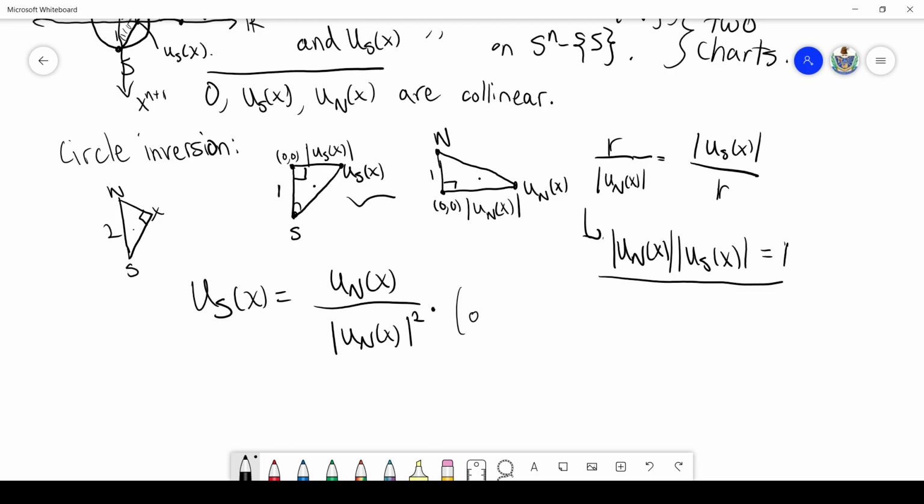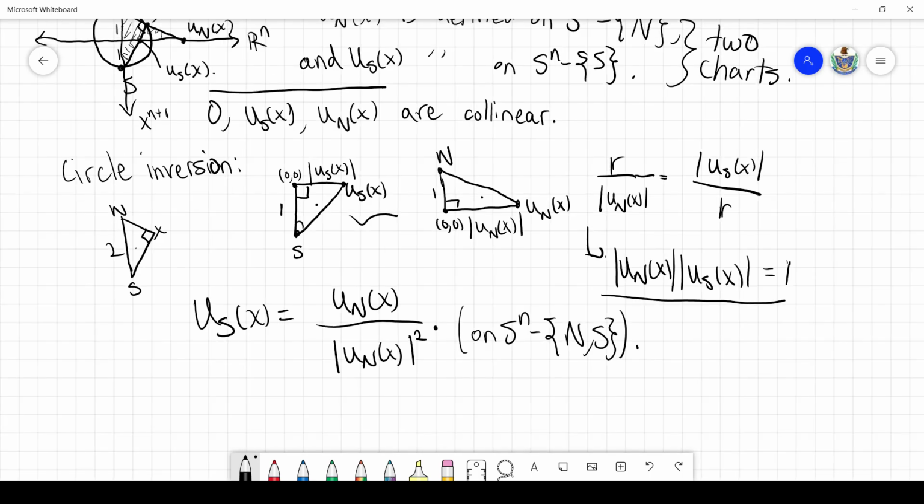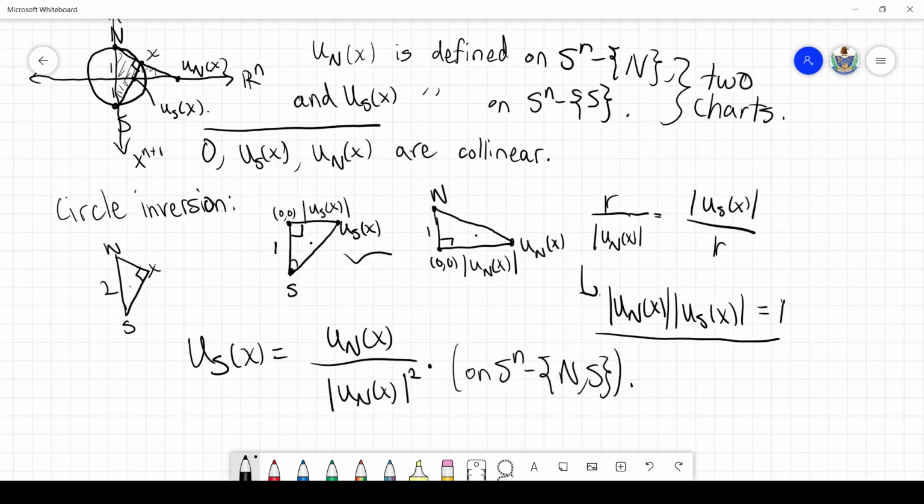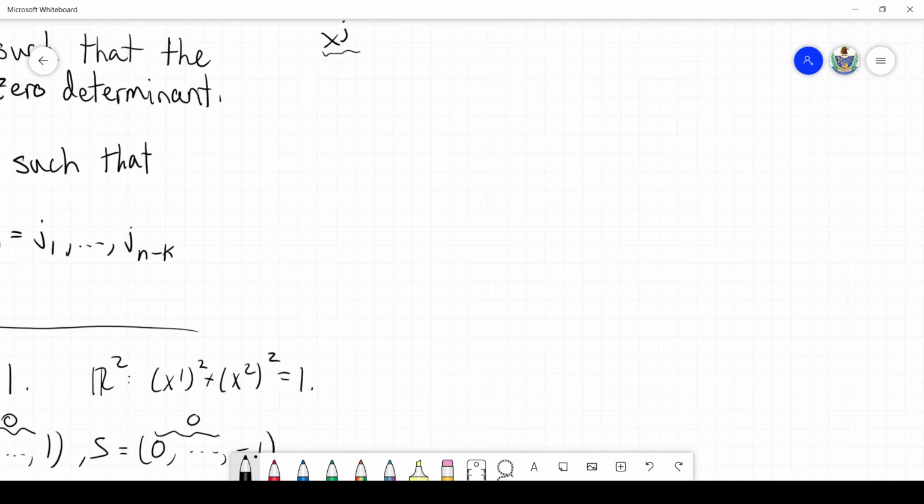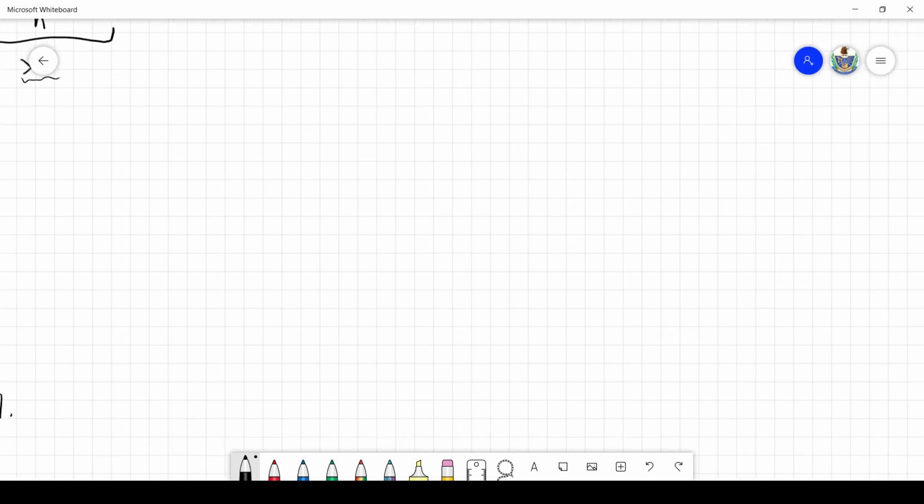So this is on Sn minus the north and south poles, right? Because the transition function is defined on the intersection of the charts. All right, so that's the second example of our manifold.